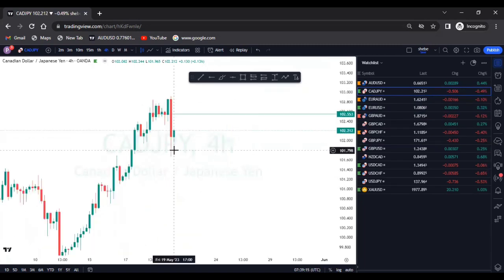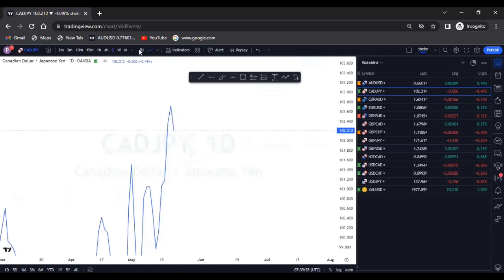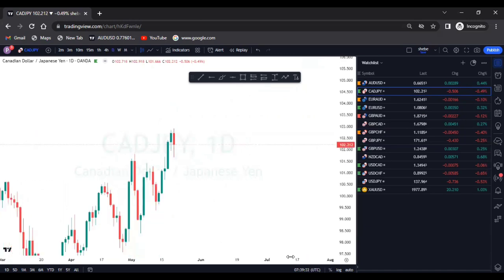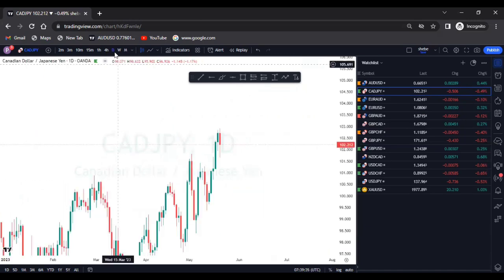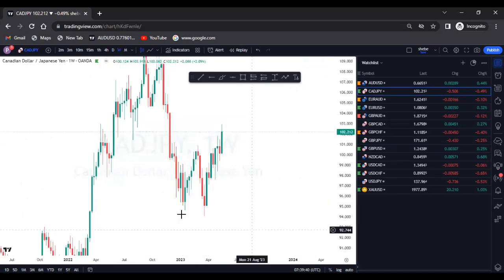JPY here. If you look at this JPY, it has broken the structure like you see here. On top of that, if you come to the high time frame, like daily, it shows that the price is still printing highs like you see here, but that's not full enough. If you come to the weekly time frame, it shows that it has just broken the weekly structure recently, like you see here.